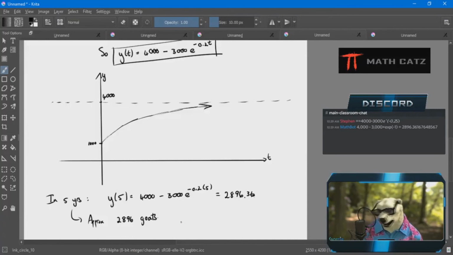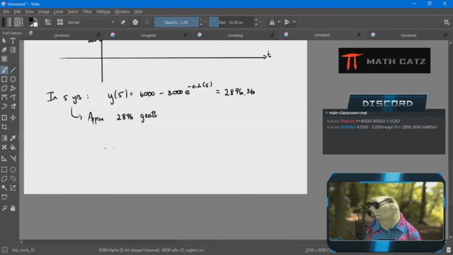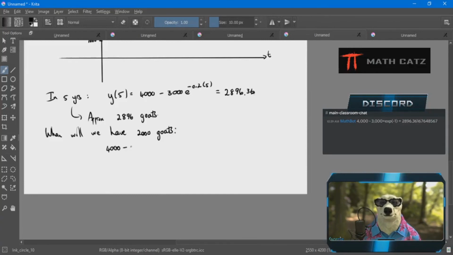Now we can add to this question. Instead of doing brand new questions, we could just add some more questions here. When will we have, let's say, 2,000 goats? Then I want to solve for my time value when the y value target is 2000. So I simply set y of t equal to 2000.